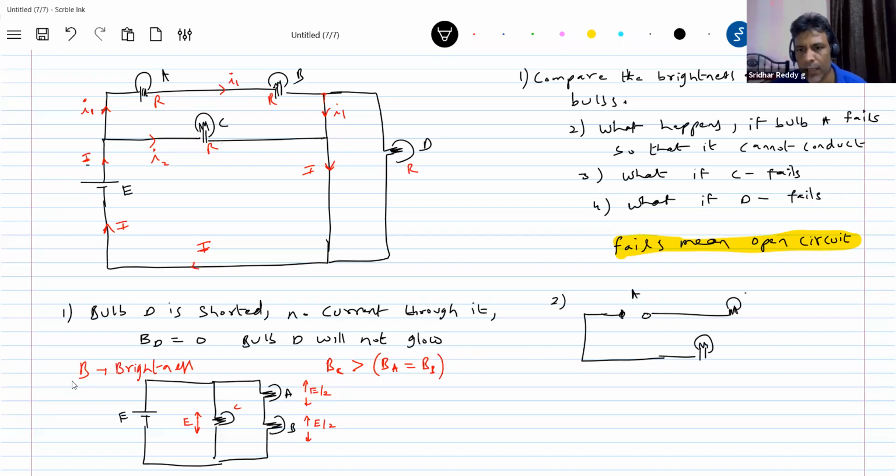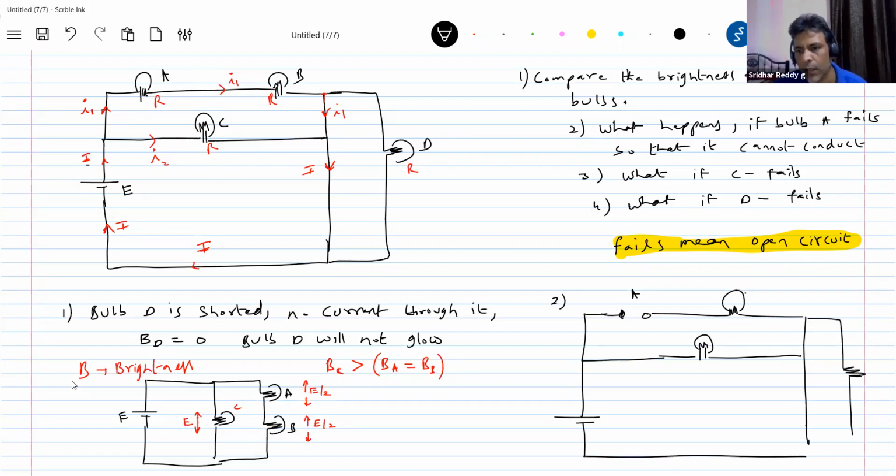This bulb B is there still. This is bulb D, C, and this is B.